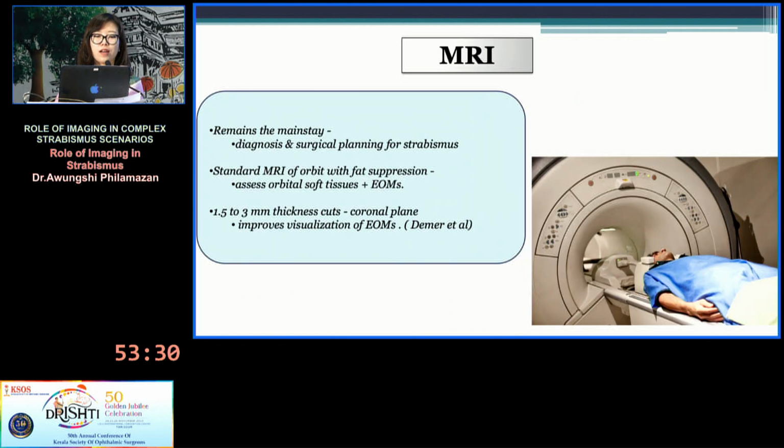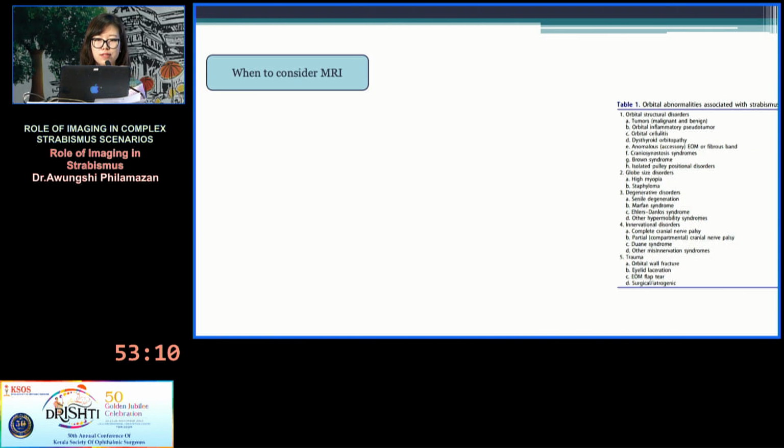So, coming to imaging, MRI remains the mainstay for surgical planning and diagnosis of strabismus. We usually go for MRI of orbit with fat suppression to assess the orbital soft tissue and extraocular muscles. 1.5 to 3 mm cuts in the coronal plane is preferred. It helps to improve visualization of extraocular muscles.